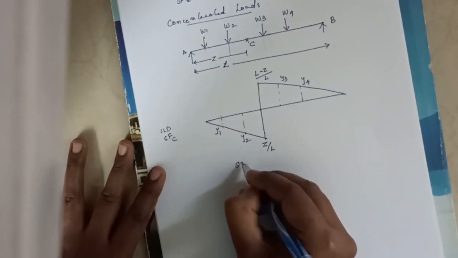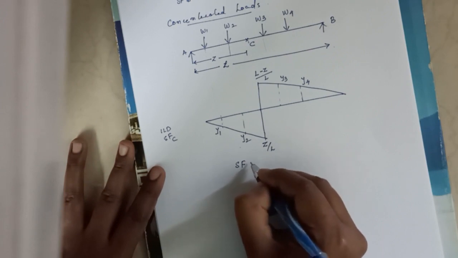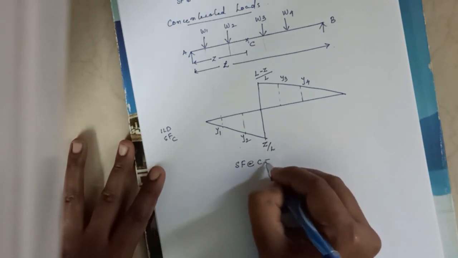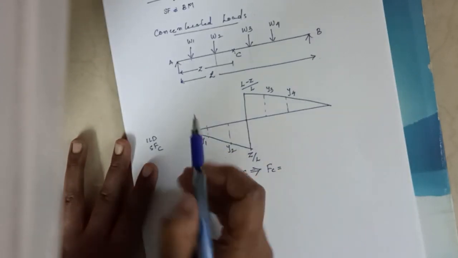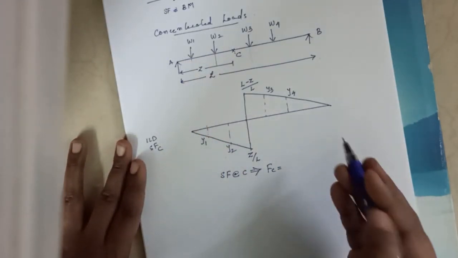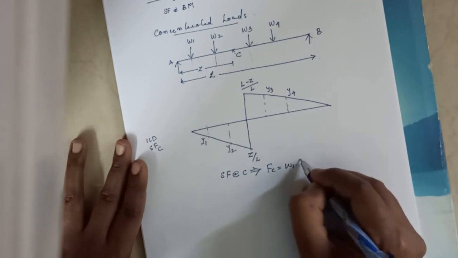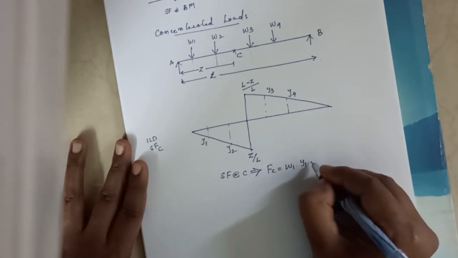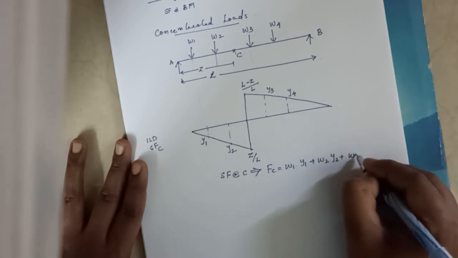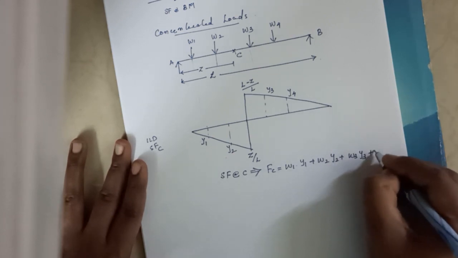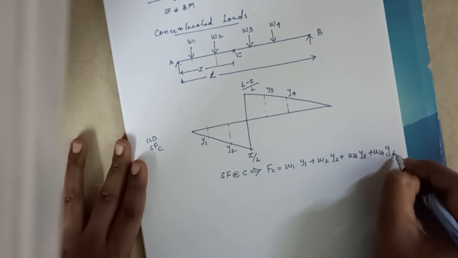Therefore the shear force at section C is equal to load into corresponding ordinate. So W1 into Y1 plus W2 into Y2 plus W3 into Y3 plus W4 into Y4.